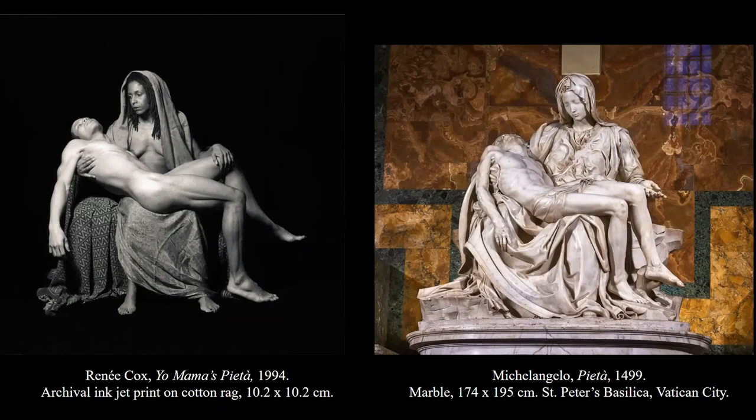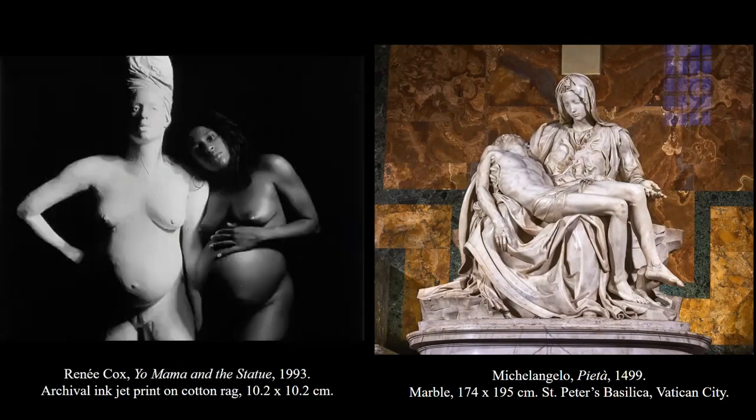And instead of a pious, upturned left hand, as I'm sure you can all see in the Michelangelo, hers grips the heavy knee of the body on her lap. And most importantly, perhaps, she introduces another competing representation of motherhood. Cox invokes that archetypal figure of desexualized motherhood for which the Virgin Mary stands, but she also, through her own body, introduces an actual mortal mother, an identity that Cox thematizes in other works very explicitly, in which she poses pregnant or with her own children.